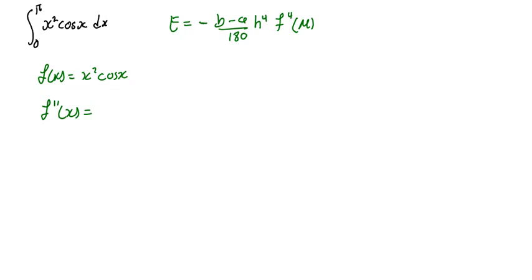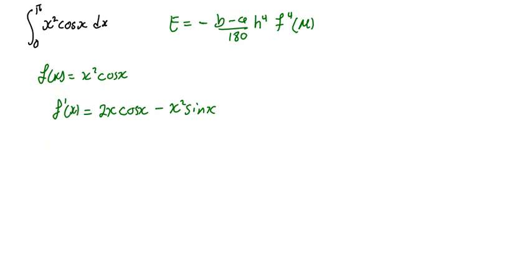This is going to be 2x when I differentiate x squared, then I'm going to have cos x plus, if I differentiate cos, I'm going to get minus sine, so obviously this is going to be minus x squared sine x, like that. Sorry, this is not the second derivative, this is the first derivative. Okay, this is our first derivative.